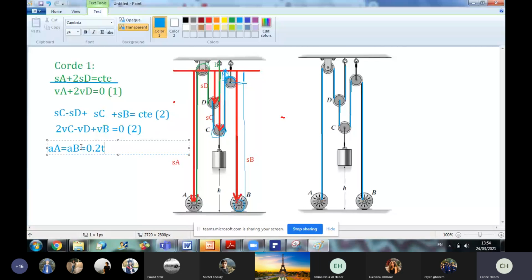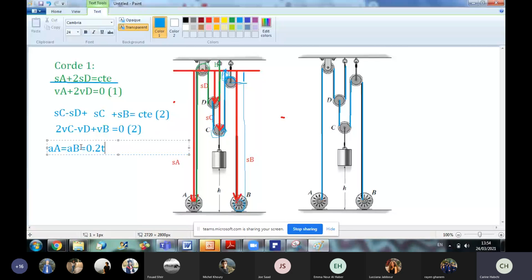So here, since you have all of these equations, by replacing delta SA and delta SB by their function of time and applying the two equations for position, equation 1 is delta SA plus 2 delta SD equal to 0, and equation 2 is 2 delta SC minus delta SD plus delta SB equal to 0.